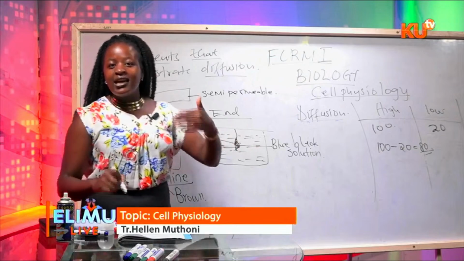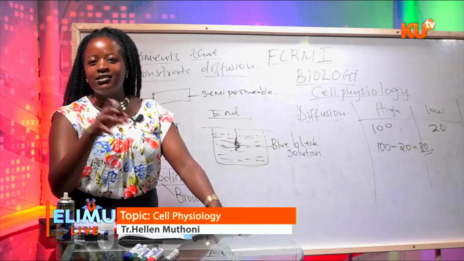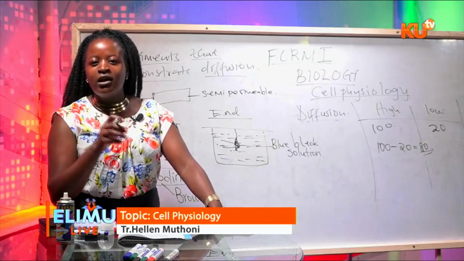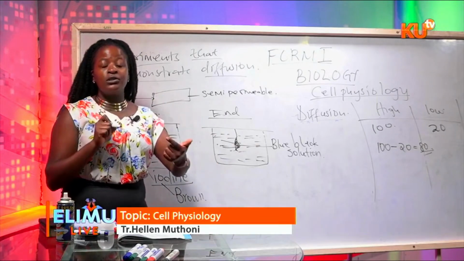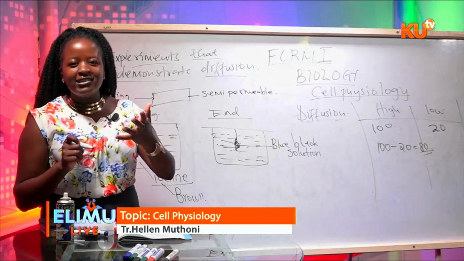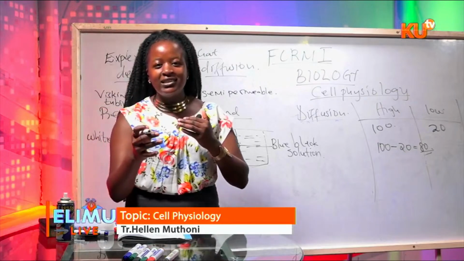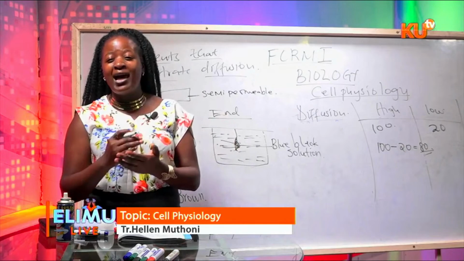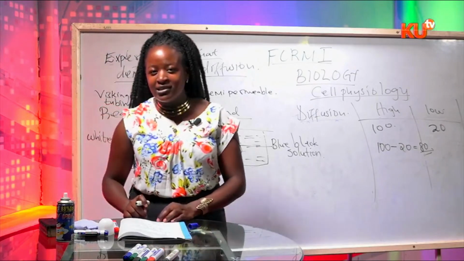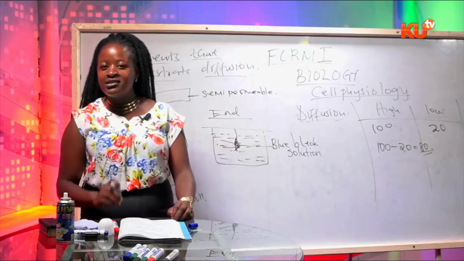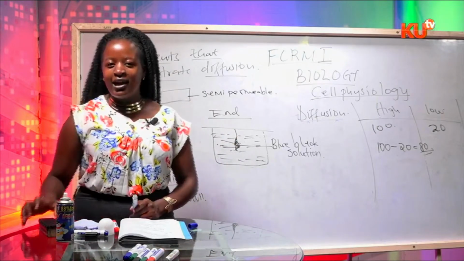That is, the starch solution is their region of low concentration. So when they move inside through the process of diffusion, this starch will react with the iodine to form a blue-black solution. So that is the second experiment that is used to demonstrate diffusion in the lab.